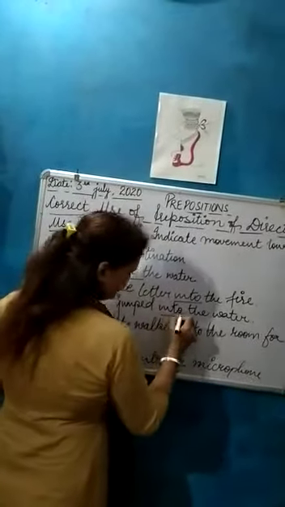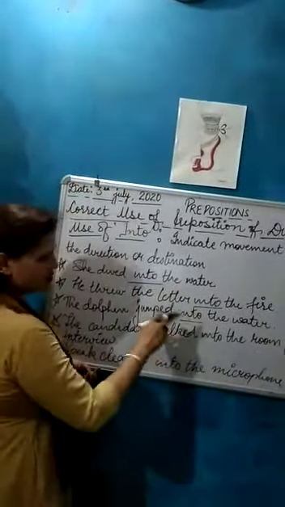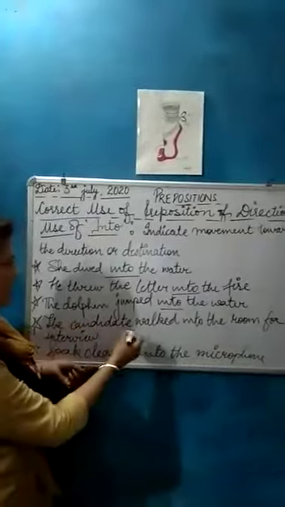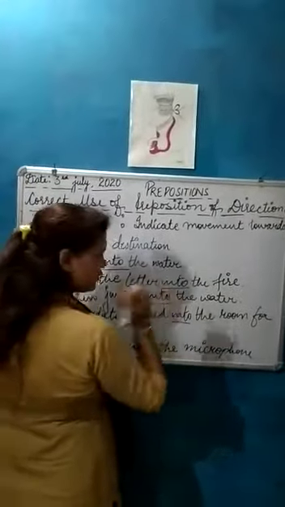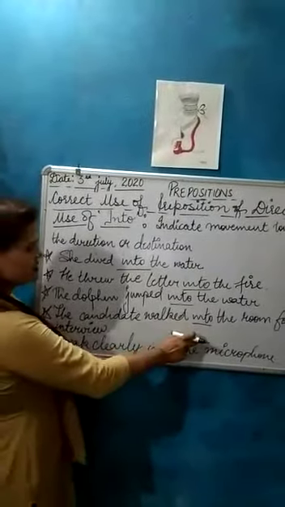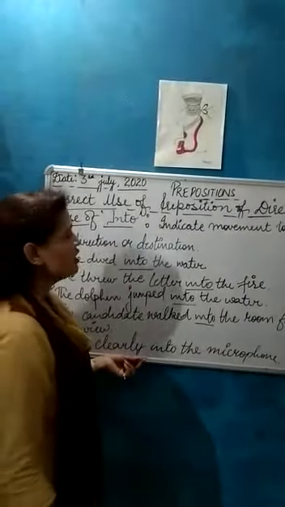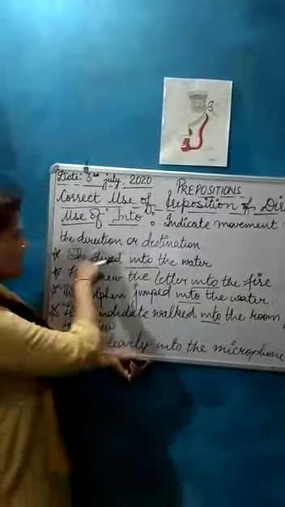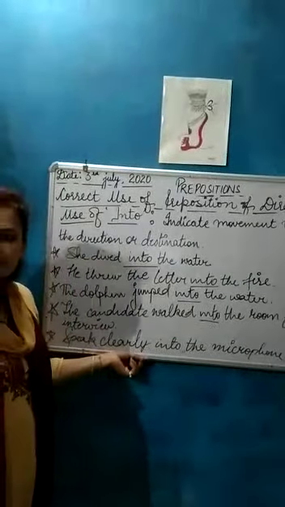The dolphin jumped into the water. Here also into is used to indicate a position in or inside. The candidate walked into the room for interview. Here into is used to indicate movement towards the direction or destination.